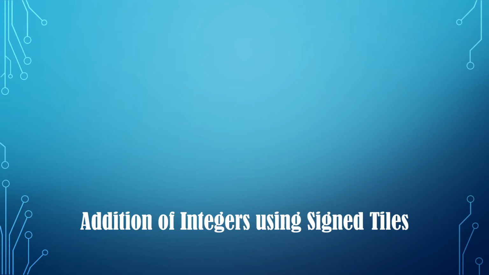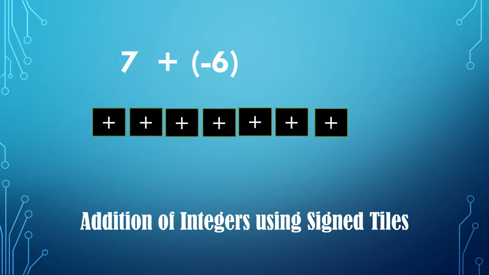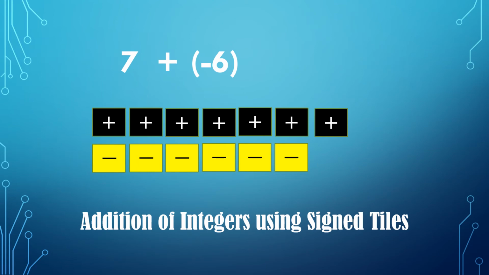Let's try another example. Positive 7 plus negative 6. Using our sign tiles, we have 7 positive tiles and 6 negative tiles.